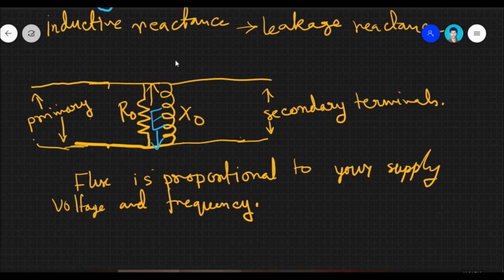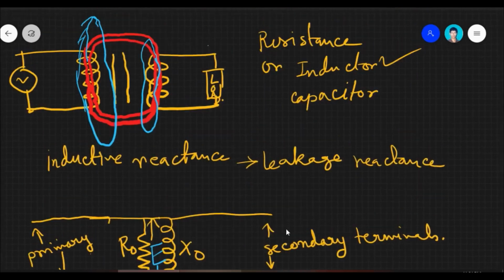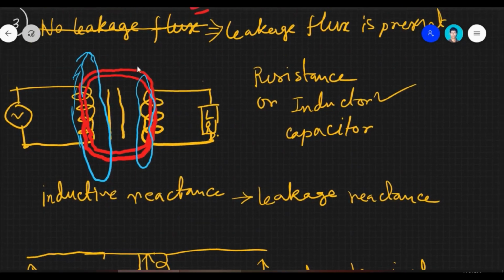Because if you consider the two windings separately, you will see that only the red lines are present. Do remember the flux production is due to this V, but a few flux lines fail to link with the secondary. So therefore, here the voltage amount will be somewhat less than it should be.